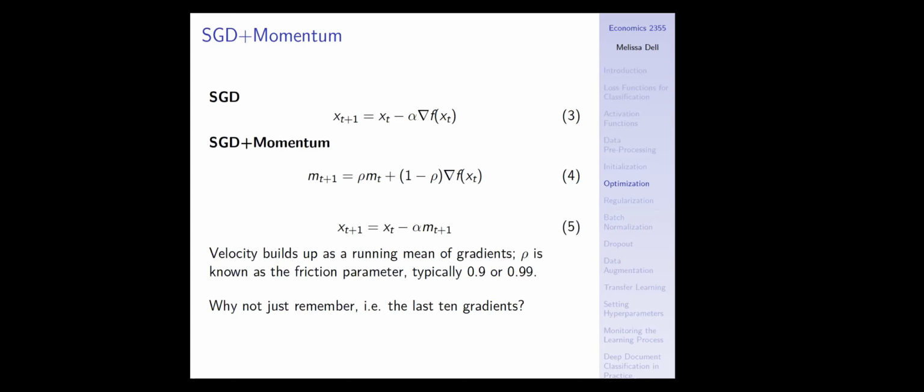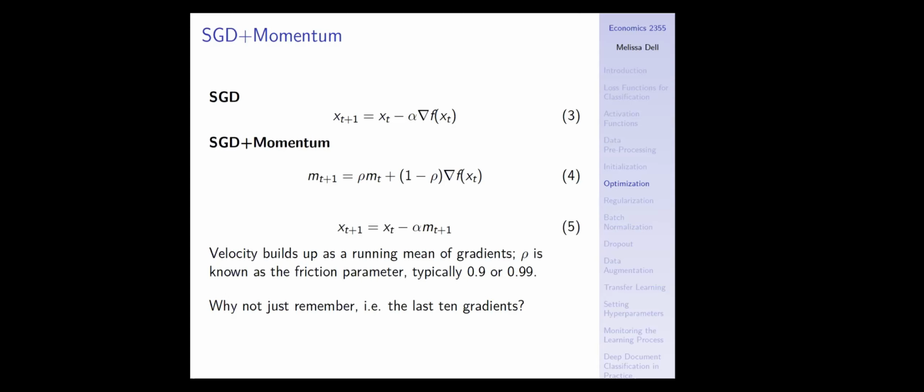You calculate your momentum, which is just a weighted sum of your past gradients, where the weight on that sum is a hyperparameter that we usually set to 0.9 or 0.99. You probably don't even need to worry about optimizing this. That's just standard.